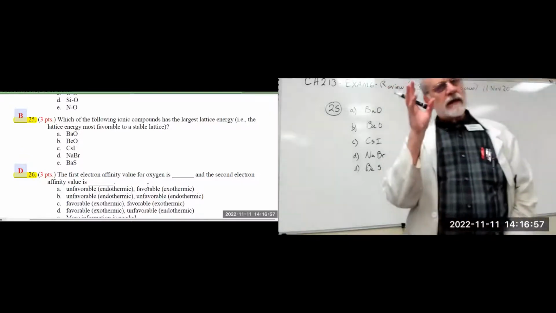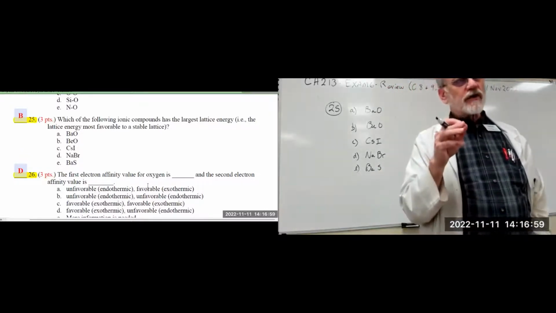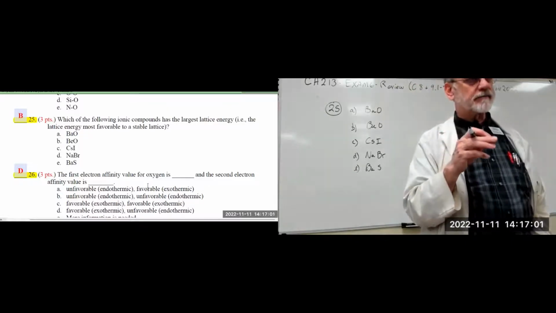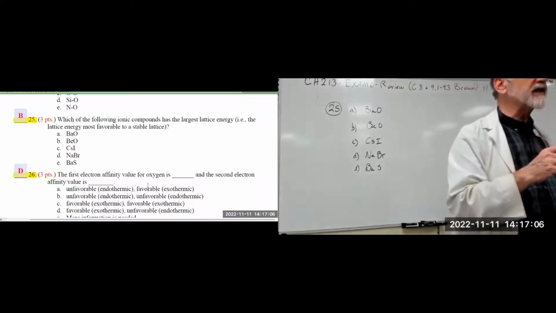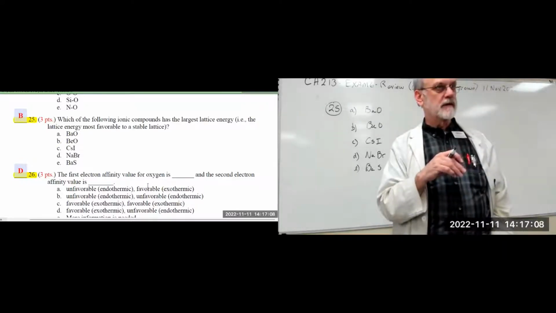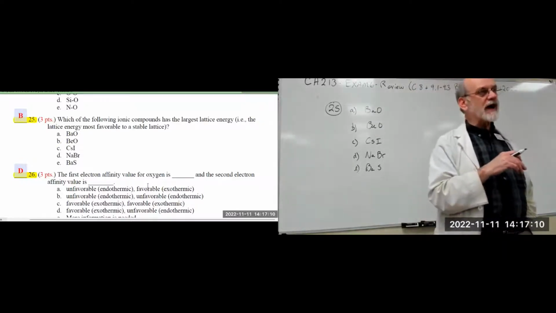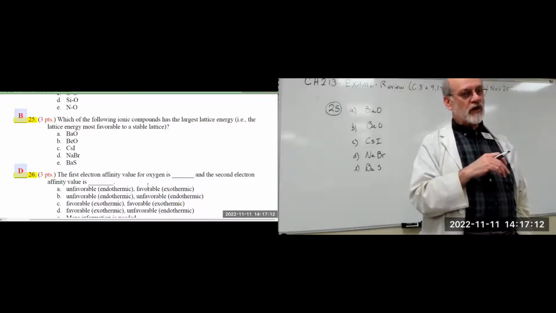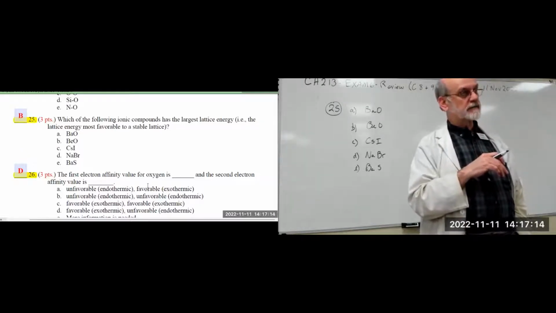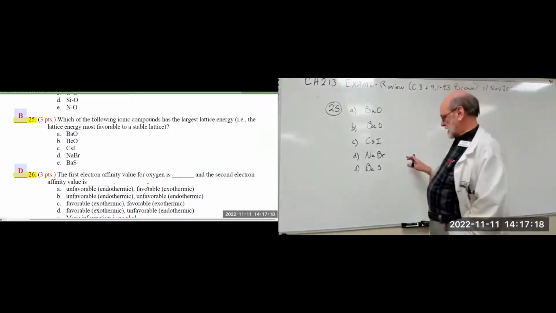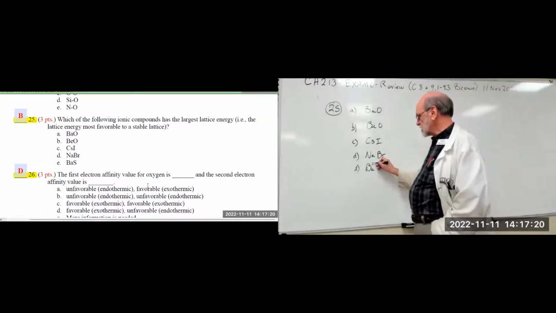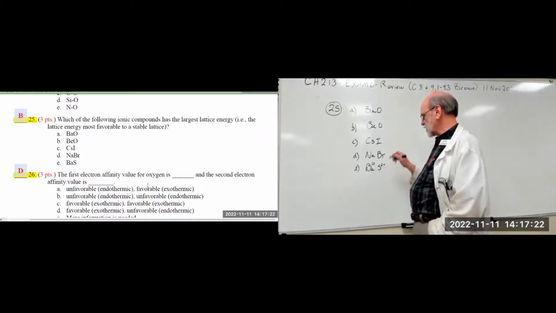Okay. So what is it that draws these ions together? Well, the first thing is the Coulombic forces. Coulombic forces are higher for multiply charged ions. So if we can find barium is a 2+, sulfur is a 2-, they're good candidates.